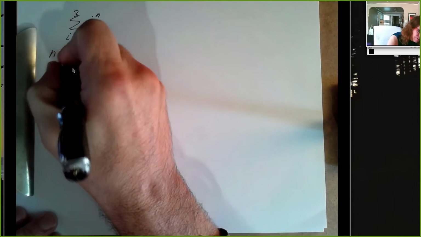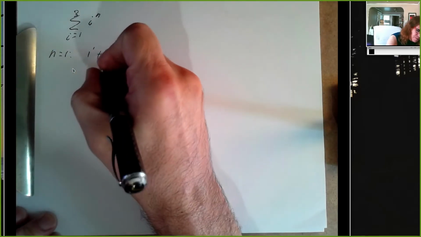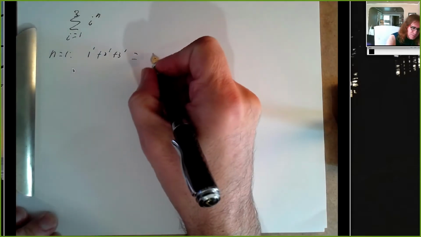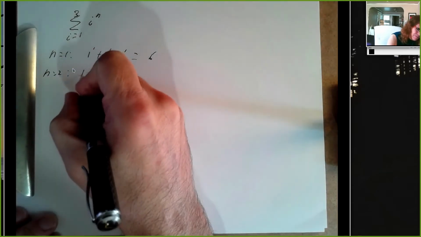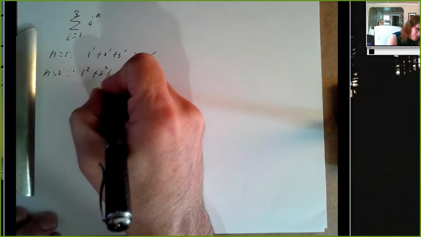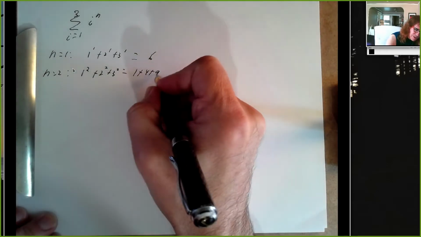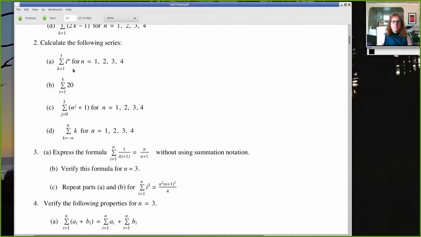So for n equals 1, this is basically 1 to the 1 plus 2 to the 1 plus 3 to the 1, which is 1 plus 2 plus 3 is 6. For n equals 2, this is 1 squared plus 2 squared plus 3 squared, which is 1 plus 4 plus 9, which is 14, and so on.